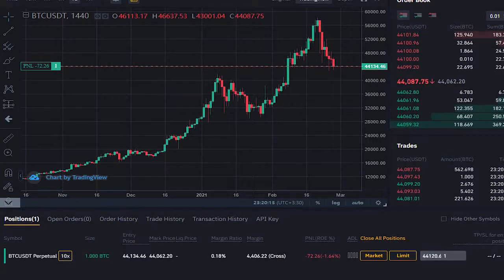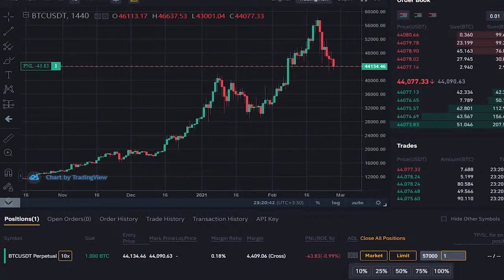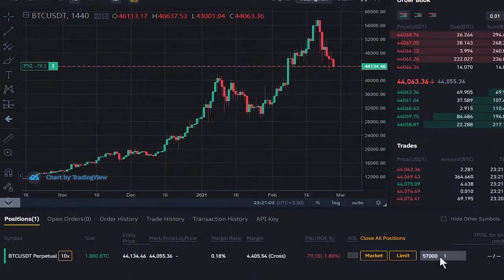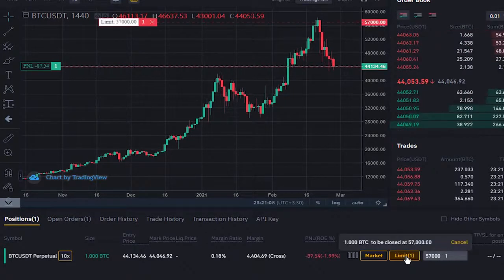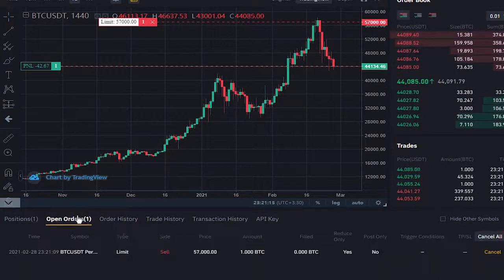Let me cancel this limit order and show you another way that you can place a sell limit order. Here, you can also place a limit order simply by entering the price here, 57,000, the amount here to 1, which is already 1, and it will automatically create an opposite order, a sell order, like what we just did. By clicking on limit, order submitted, and here in open orders, you see that we have a sell limit order at 57,000.